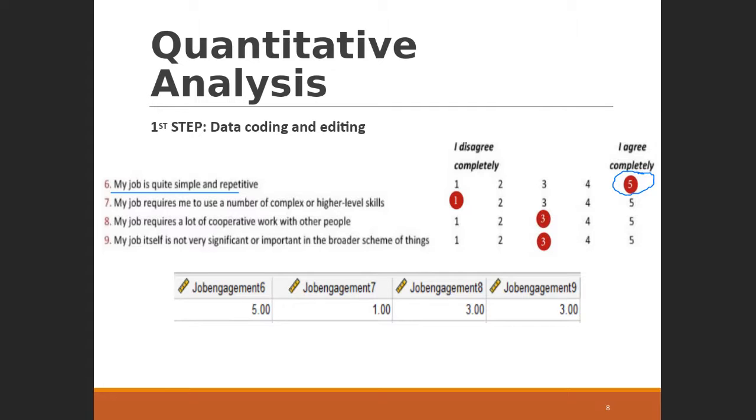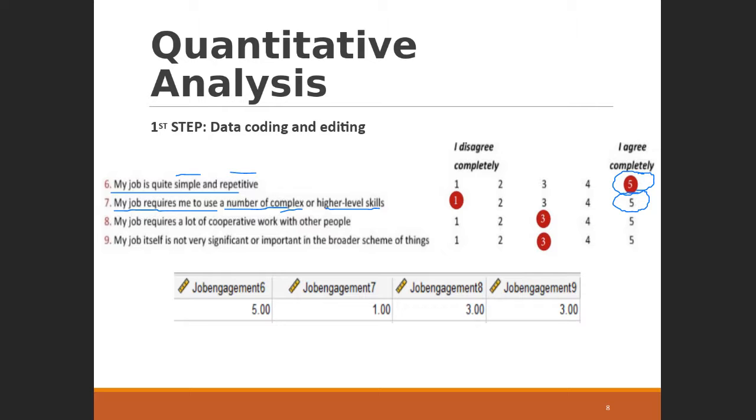The second question is opposite to this question, which is my job requires me to use a number of complex or high level skills. Now this is an opposite question because question number 6 is saying your job is simple and repetitive. Question number 7 is basically the opposite of this particular question. It says your job is complex, your job involves higher level skills. And if you respond to this question in complete agreement as well, then it means that your responses are inconsistent.